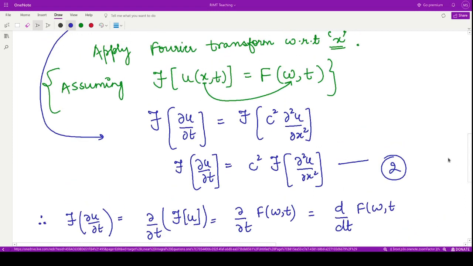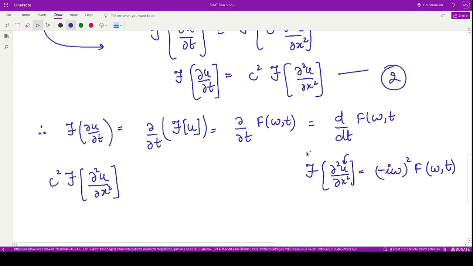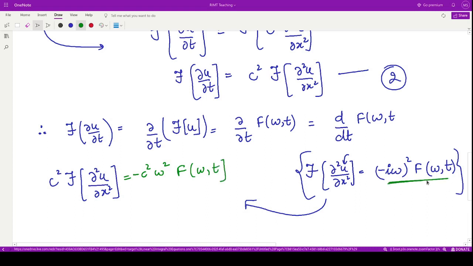This is how we have defined this quantity. So accordingly, in this case, using this, we will obtain this as c square minus iota omega whole square. Omega square would become positive, iota square would become negative, so this would be negative c square into omega square into capital F of omega t, right? Using this expression over here.